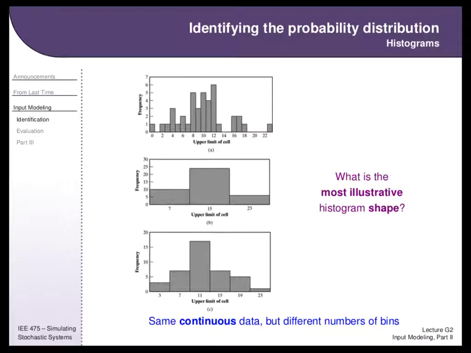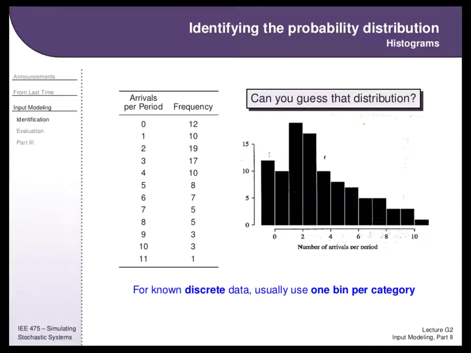Now, if it's discrete data, like this one here, by discrete data, I mean the outcomes are arrivals per period, and the frequency is how many we observe. So in how many periods do we get 0 arrivals? Well, that happened 12 times. So there were 12 periods that had 0 arrivals.